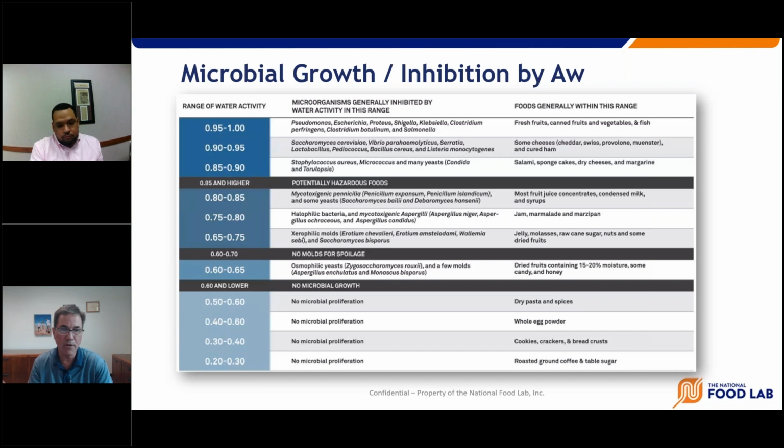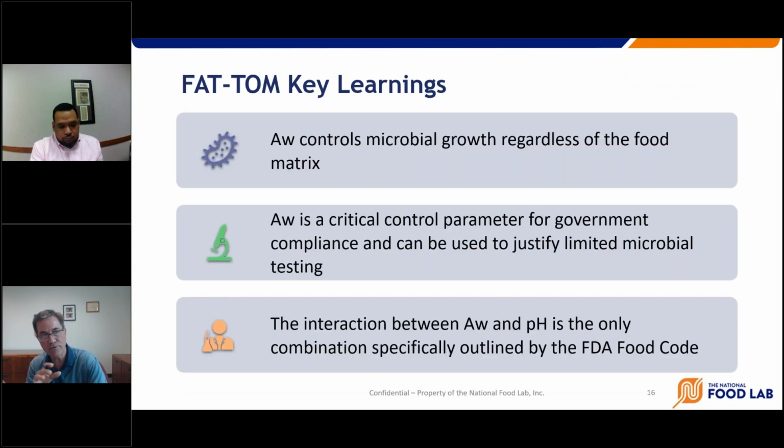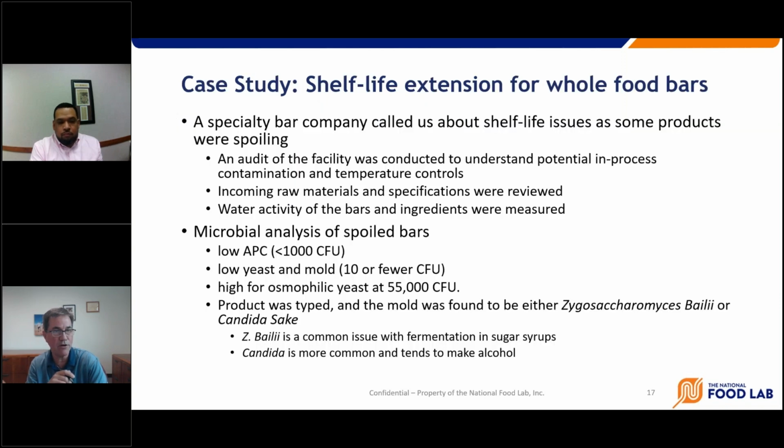And finally, you get all the way down to the osmophilic yeasts, which are the most tolerant of changes in water activity. So from the FATTOM key learnings, water activity will help reduce these. It's a critical control parameter, and the interaction between water activity and pH is a combination. It's actually the only combination outlined in the code.